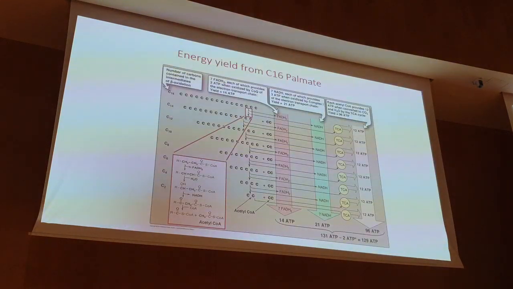So, if you want to look at the amount of energy that is made by a C16 fatty acid. Start on the top left, it says C16, those are my 16 carbons.